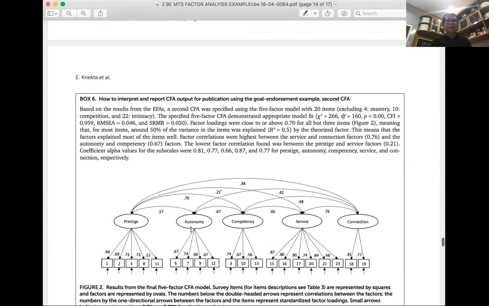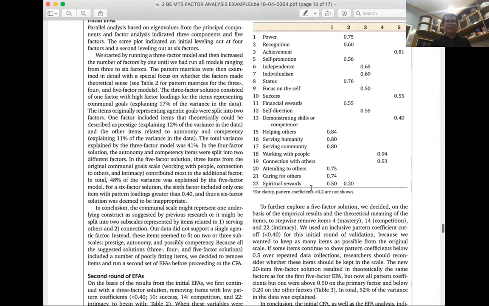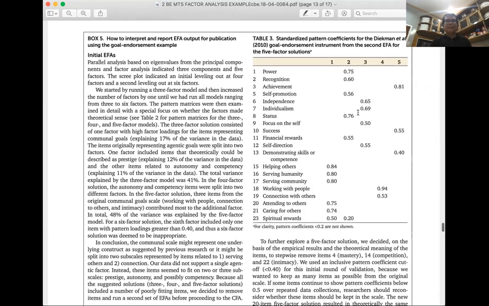Second is on autonomy, and it is composed of 6, 7, 9, and 12. So that's number 6, number 7, number 9, and number 12. Number 6, independence. Number 7, individualism. Number 9, focus on the self.